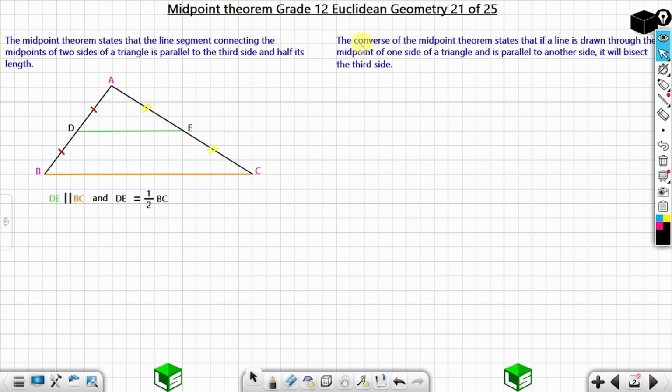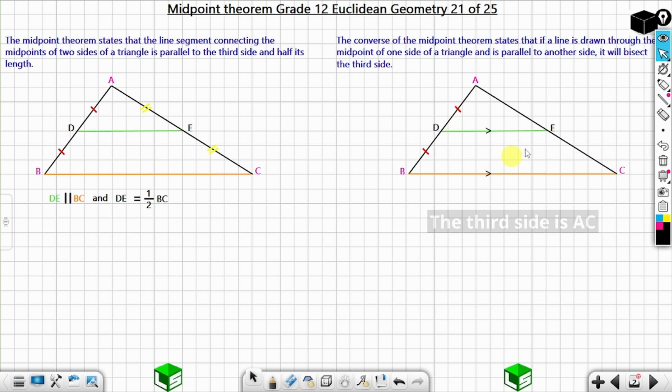Now, the converse of the midpoint theorem states that if a line is drawn through the midpoint of one side of a triangle and is parallel to another side, it will bisect the third side. You have a triangle ABC. The midpoint of AB is D, and the line is parallel to another side.